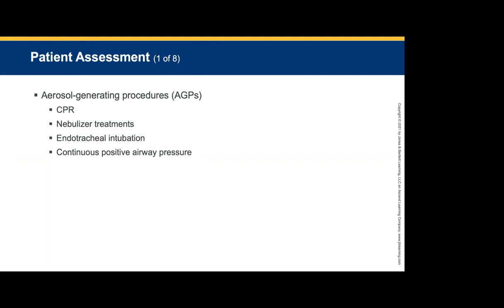My PPE is on, and then you say, what does my scene look like? Is it safe for me to enter? That is on every single skill sheet. I hope y'all are reading these. I promise y'all, I hope y'all are paying attention to these. They're very, very important.